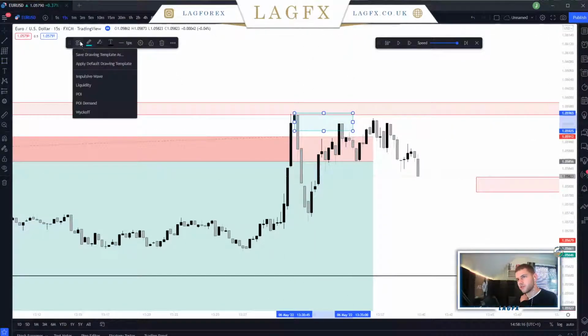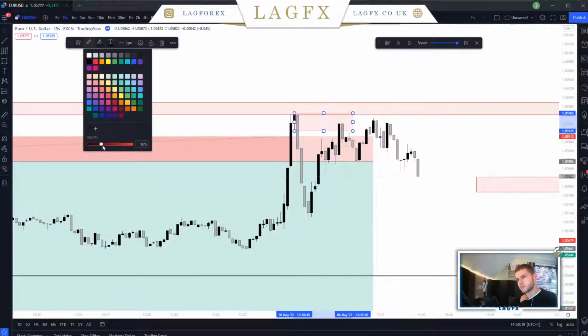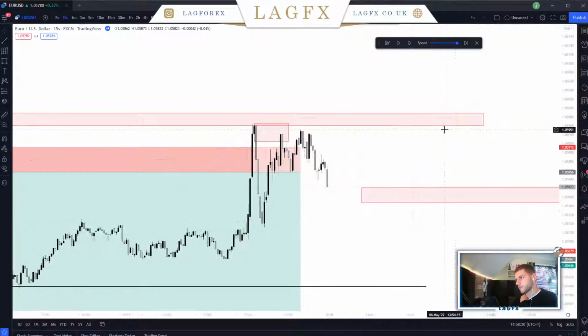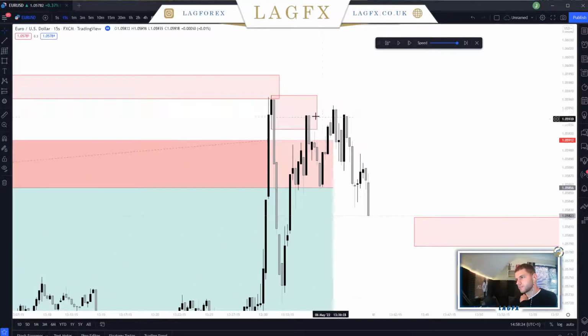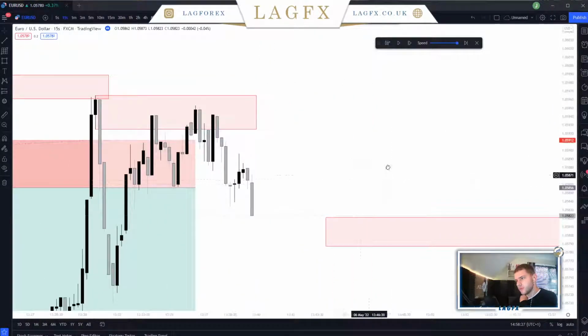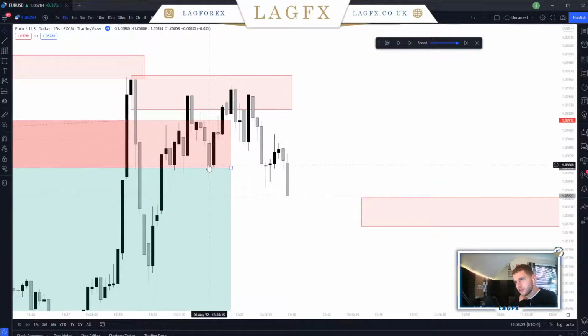Straight afterwards, there's a POI. And then after doing so, we see that this right here, because we break that high, this becomes a protected low. Straight after that, we displace the protected low. So displacement.